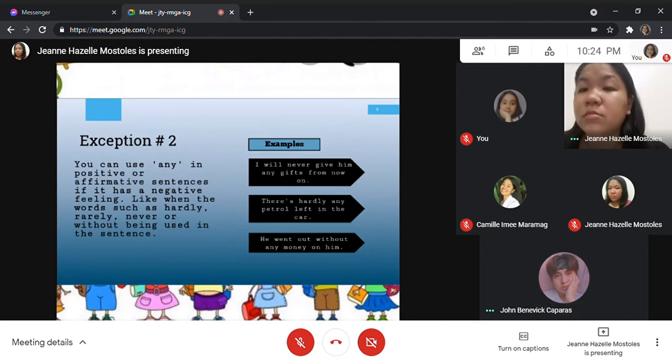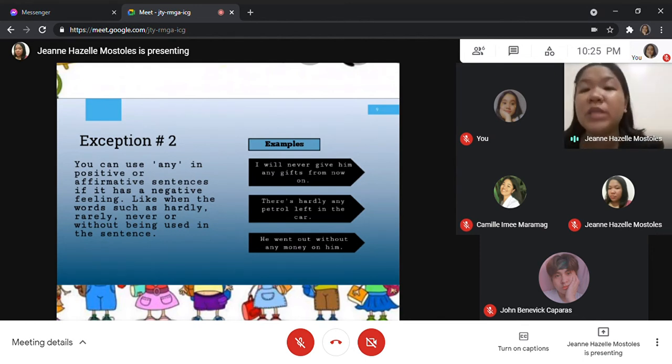And last, he went out without any money on him. Thank you, Benedict. As you can see in the examples, they use the words never, hardly, and without, which have a negative feeling. Even though it is a positive or affirmative sentence, it carries a negative feeling, so as stated in exception number two, we use any.